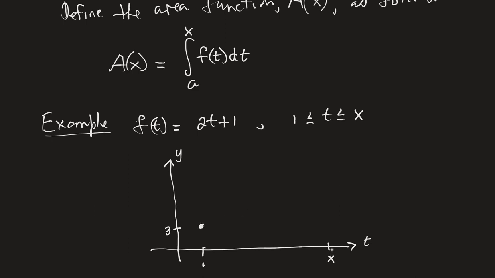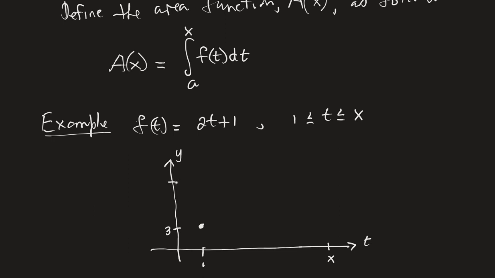If I plug x in, you're saying, oh, how do I do that? I don't know what x is. Well, whatever it is, we know it's going to be a value that's bigger than, well, technically it could be equal to 3 since I'm allowing for the equal sign here. But in general, if I put a value of x that's further to the right on the t-axis, then I'm going to get a y value that's higher than 3.